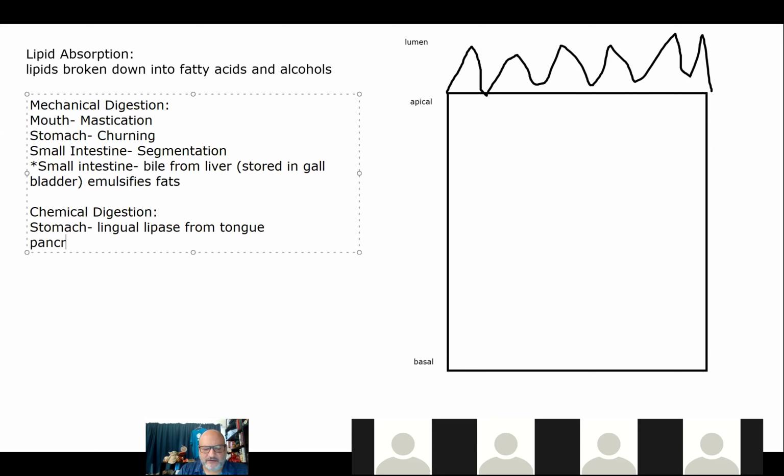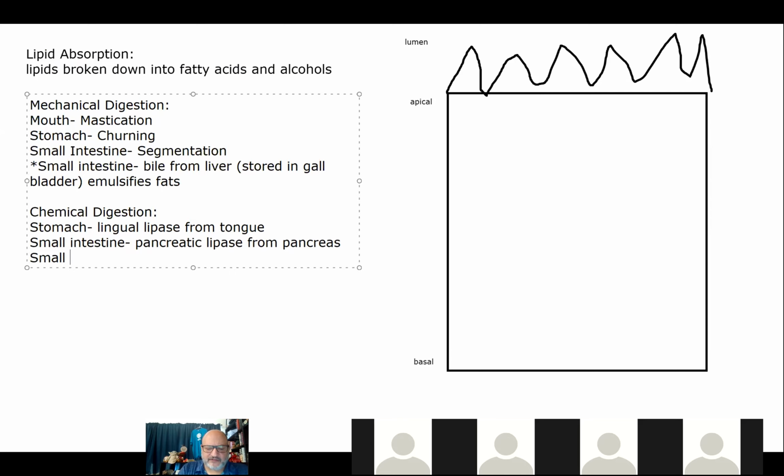Excellent. Pancreatic lipase, of course, from the pancreas. And where is that active? Small intestine. Excellent. And we can't forget your friend and mine, also in the small intestine, the brush border enzymes.